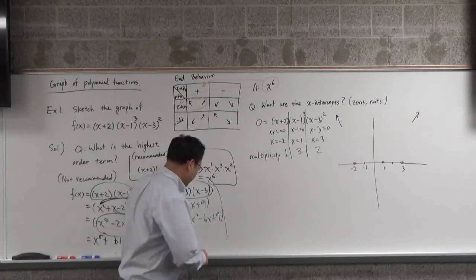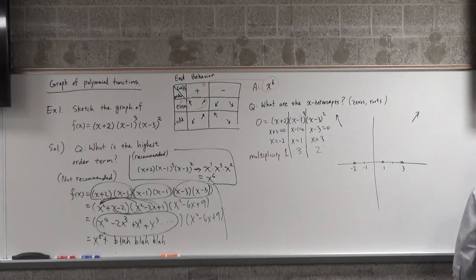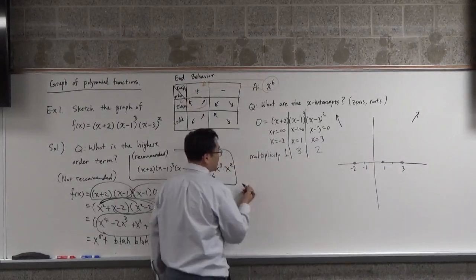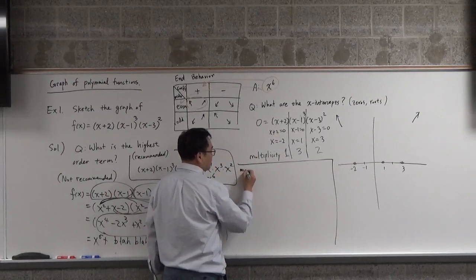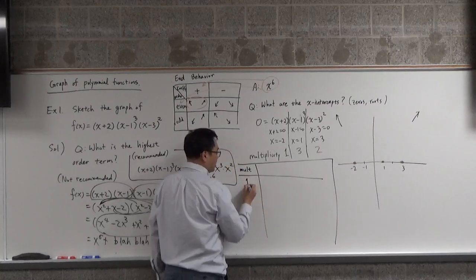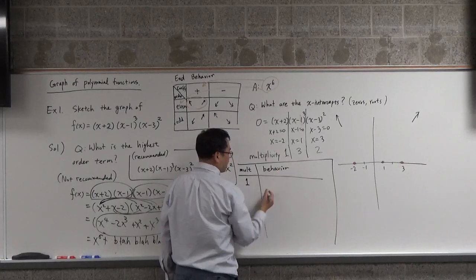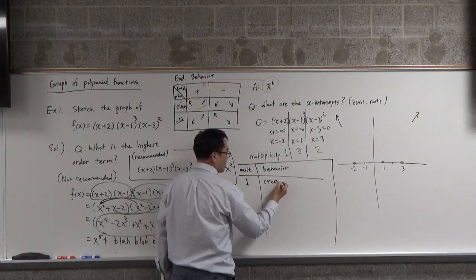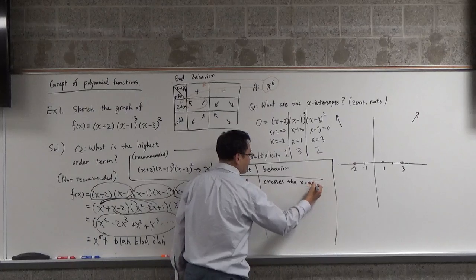And multiplicities dictate how they interact with the x-axis. So let me write down the rules. If the multiplicity is 1, the behavior is that it crosses the x-axis.